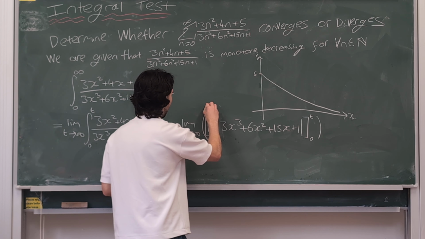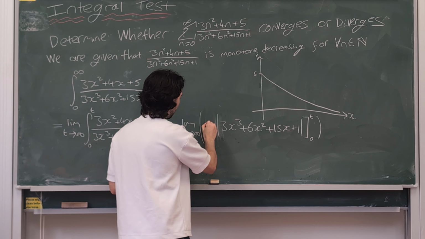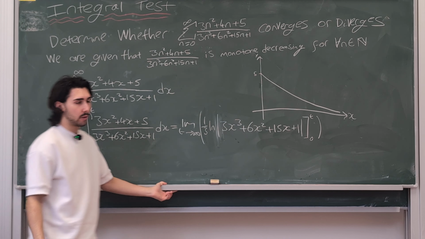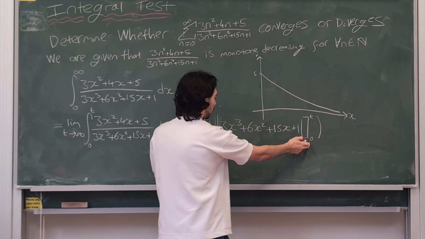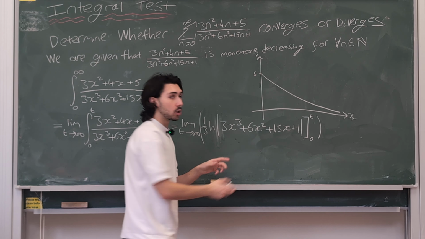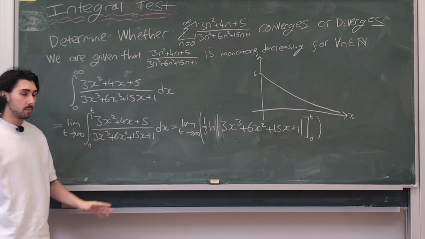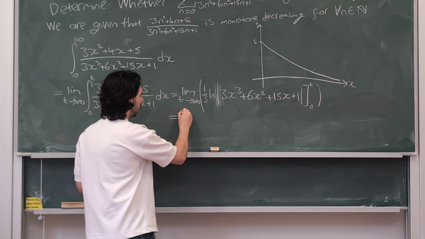So this is going to be 1/3 times the natural log of all of that. The 1/3 is because, if you differentiate the natural log of all of this stuff, you end up getting 3 times this, so you need to divide by 3. Okay, cool. Other than that, we can just plug in.